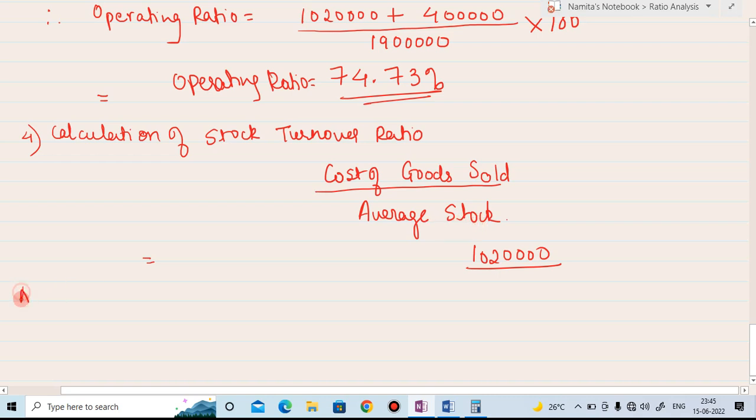To find average stock, the formula is opening stock plus closing stock divided by 2.